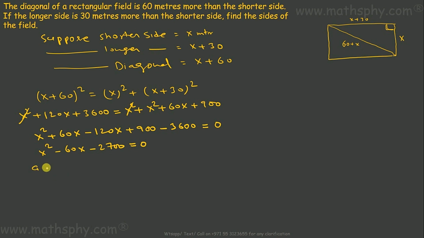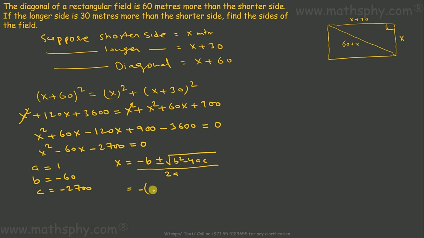Now I have a as 1, b as −60, and c as −2700. So x would be −b ± √(b² − 4ac) over 2a.